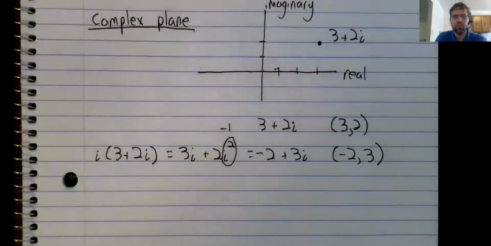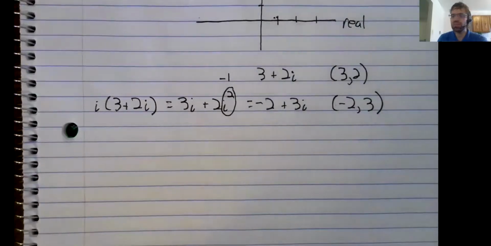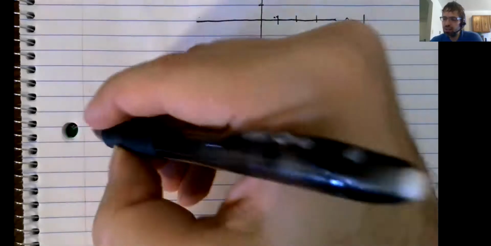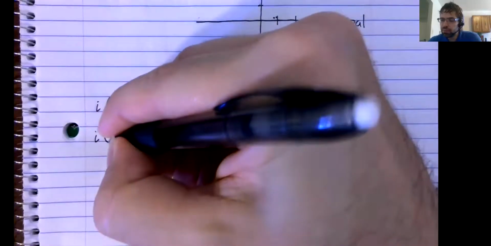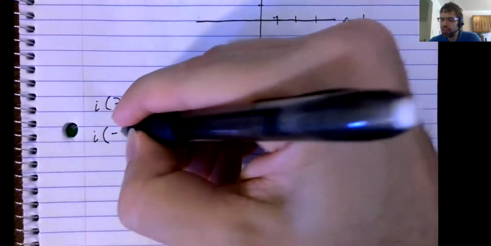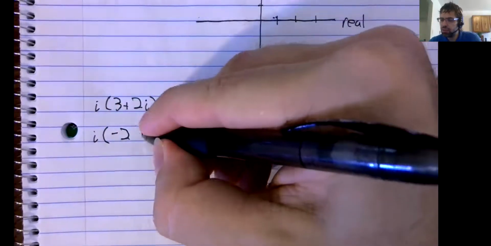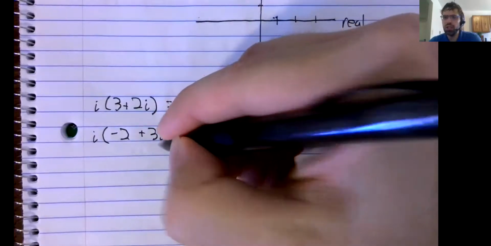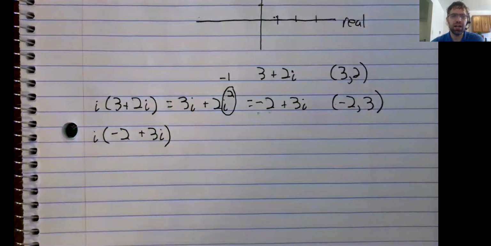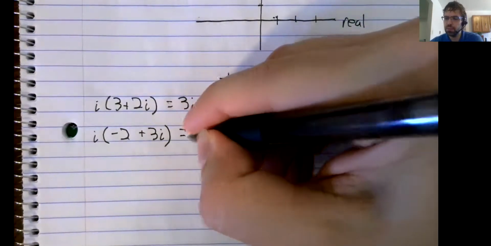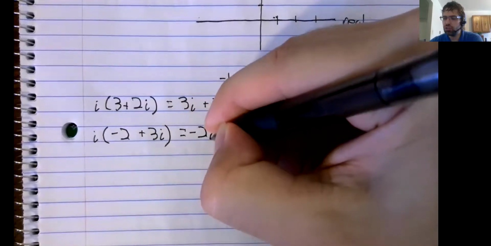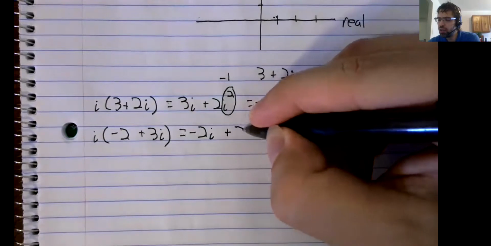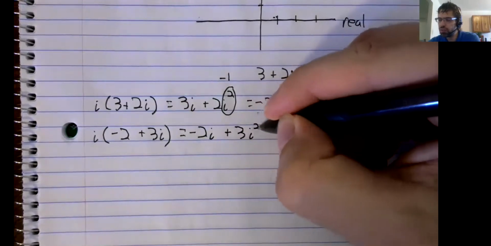I'm going to repeat this process. Now I'm going to take this and multiply it by the imaginary unit i. And this just distributes multiplication over addition.